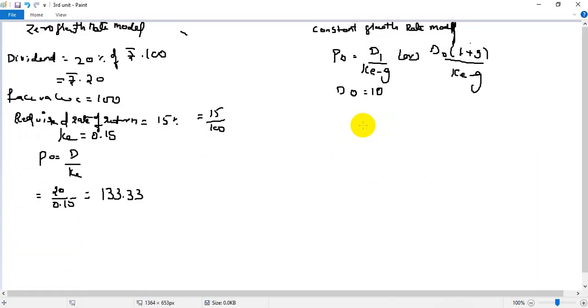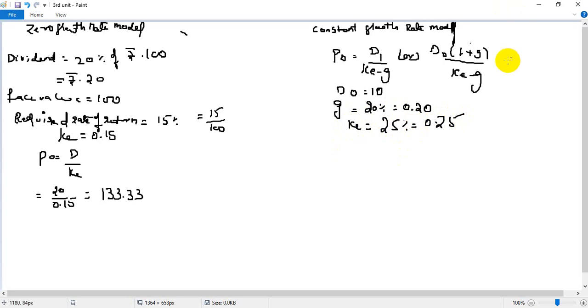If you check the question, the growth rate is 20%. Your g is nothing but 20%, it will come to 0.20. And the required rate of return is 25%, so K is nothing but 25%, and it will come to 0.25.